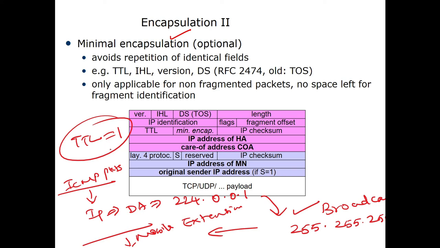Hence we go for encapsulation 2 by setting the TTL value to 1. When the TTL value is 1, it automatically sends the ICMP packets with respect to IP to the destination address 224.0.0.1, which provides the mobile extension, and sends through the broadcast address 255.255.255.0. So this is sent through ICMP packets to the destination.